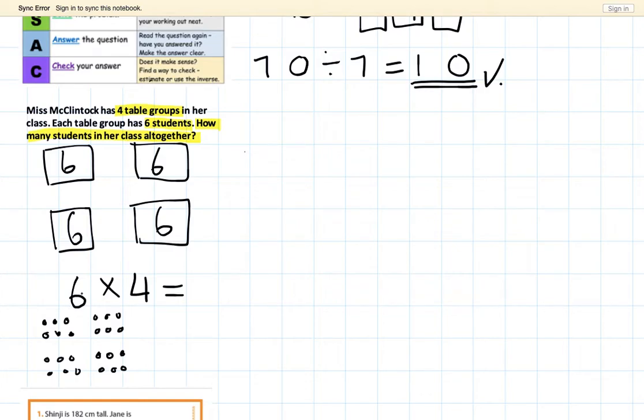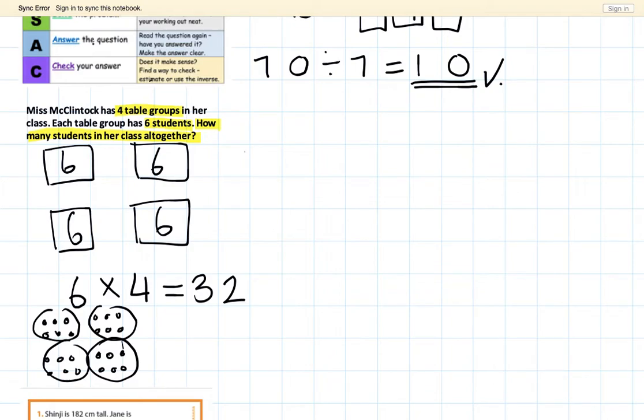So I've got 4 groups. 1, 2, 3, 4. 4 groups of 6. So if I add all of this together, that will be my answer. Okay, but I know that 6 times 4 is 32. So 32, whoops, 32.